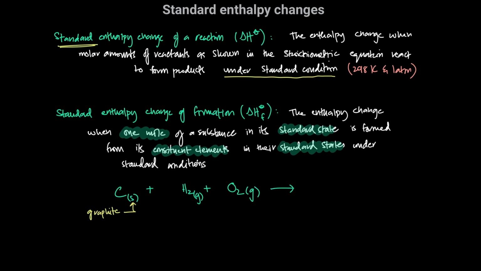And then the product that we have is ethanol. This is the formula for ethanol. This is just C2H5OH. I've written this as CH3CH2OH, which is the correct way of writing the structural formula of ethanol. Then if we balance this equation, remember, it's defined as the enthalpy change when 1 mole of a substance is formed.